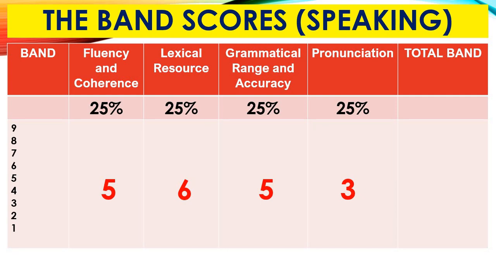Although I don't think this is going to happen, just to show you an example, because I believe it's just going to be around 5, 6, 5, 5 or 5, 6, 5, 6, or 5, 6, 5, 4.5, something like that. But just to show an example, you have there 4.75, and of course you will have 5. Okay? 5 as your band score for speaking.